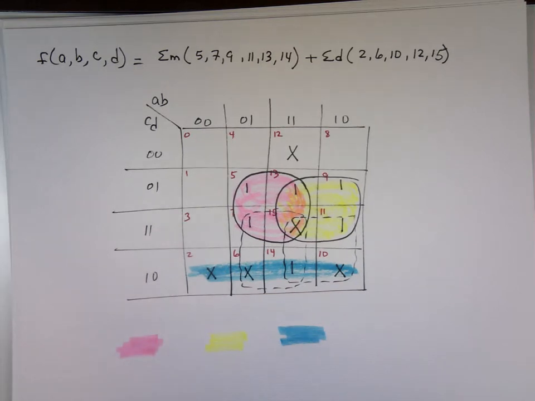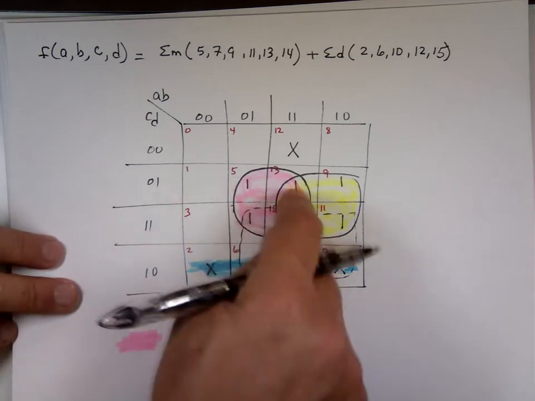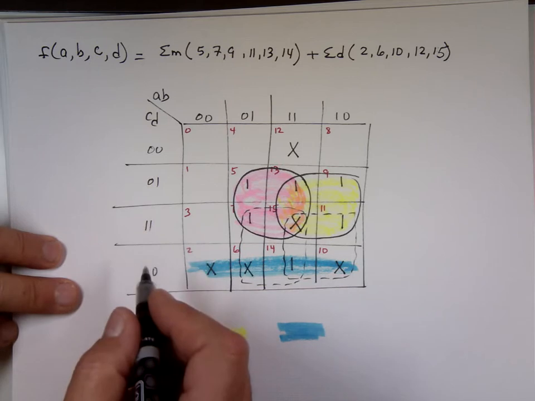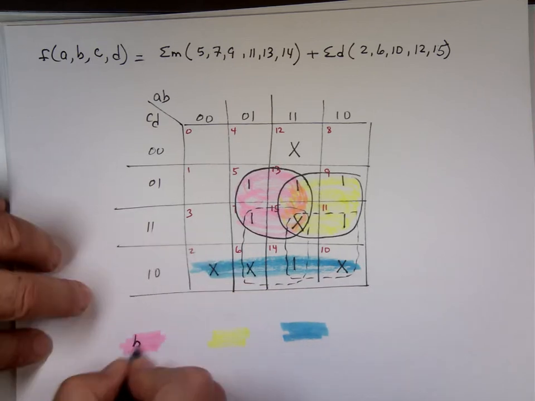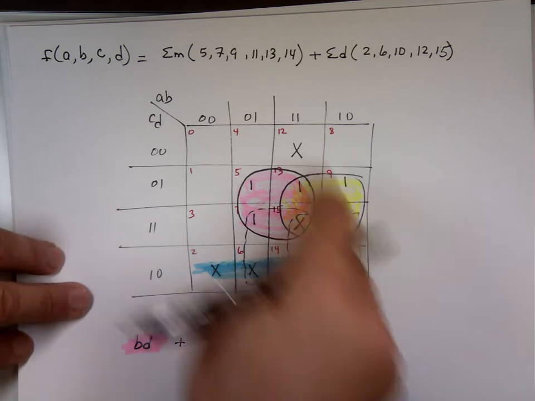So the pink one's only one choice. That's B and D, right? The yellow one, A, D.